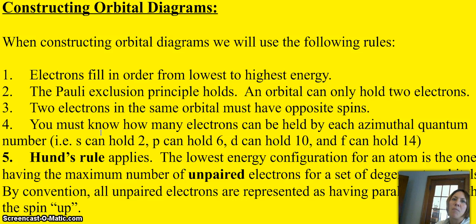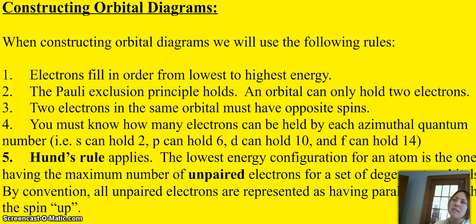You cannot have them both spinning the same way, or they would have all 4 sets of quantum numbers the same. Anyway, you need to know how much each sublevel can hold. S can hold 2, P can hold 6, D can hold 10, and F can hold 14. And you need to be able to apply Hund's rule.